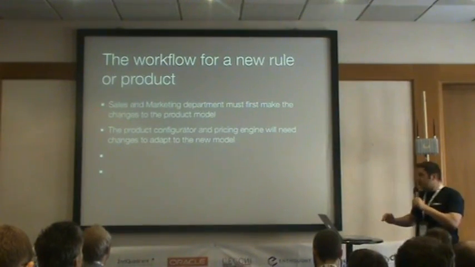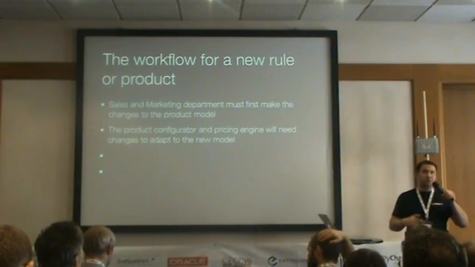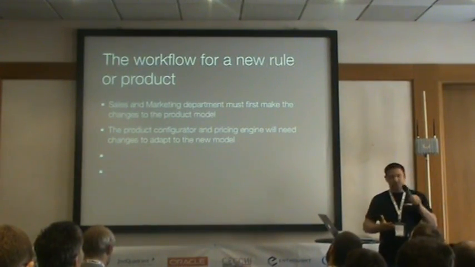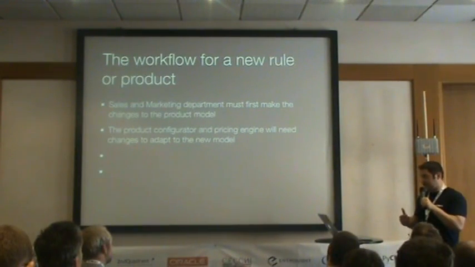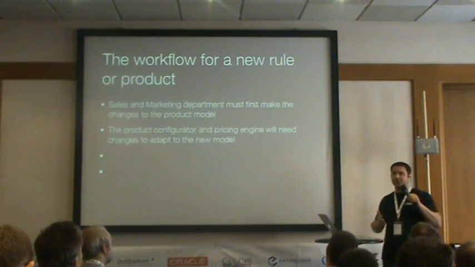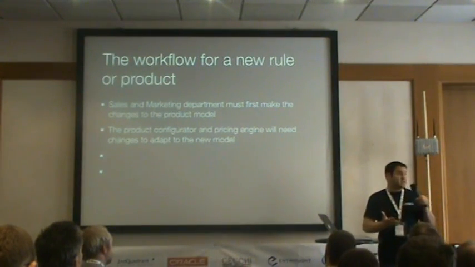All right. So the next thing that happens is that the people who actually put things in the model, typing it in, you need to allocate one of those resources to actually go in and make the configuration change. Now, there's a lot of work from various commercial products to make this something that an end business user can do, so you don't really need a technical person. So this might be in the same team.